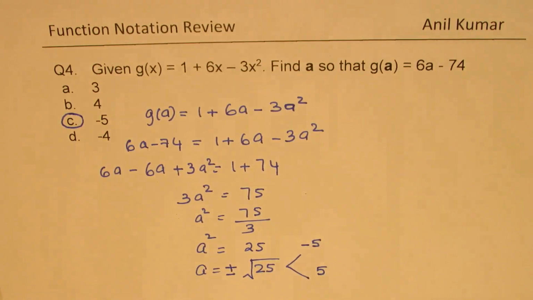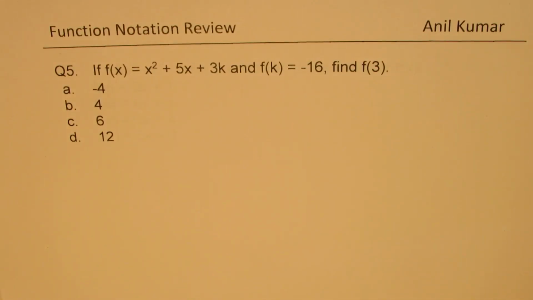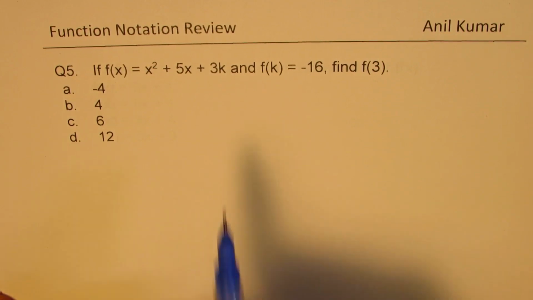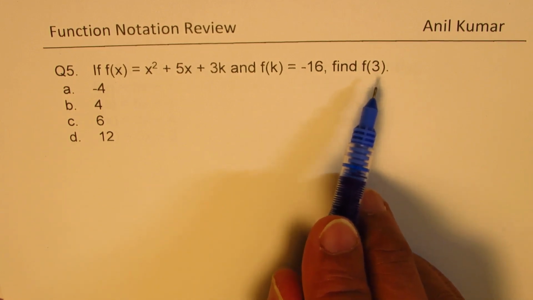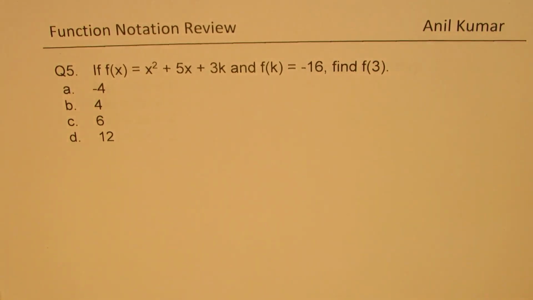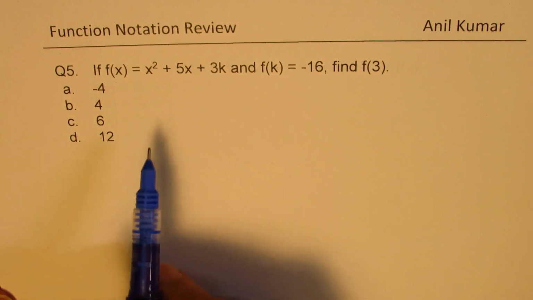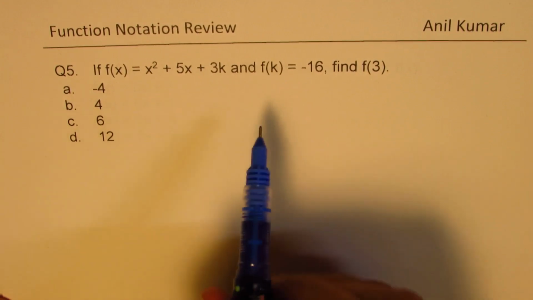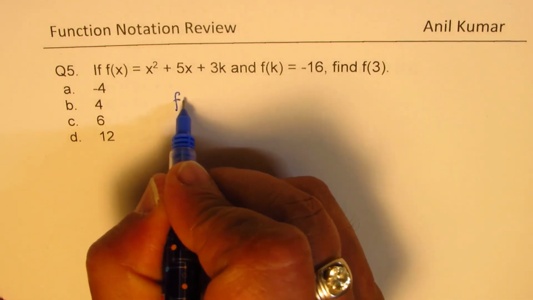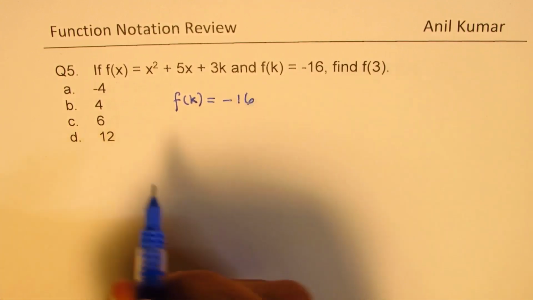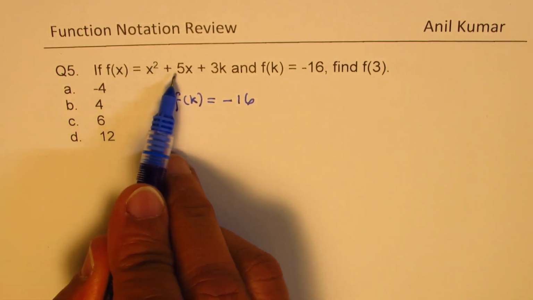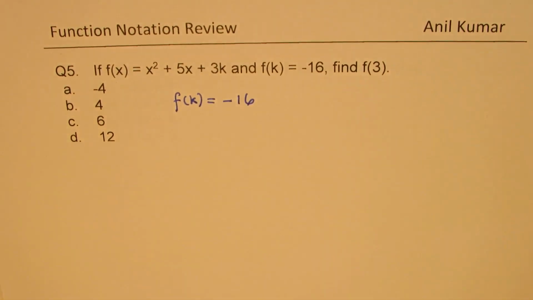Perfect. Question number 5. If f of x equals x squared plus 5x plus 3k and f of k is minus 16, find f of 3. Very interesting question. I'd like you to pause the video and answer this question. So what we're given here is that f of k equals minus 16. But f of x is x squared plus 5x plus 3k, right?